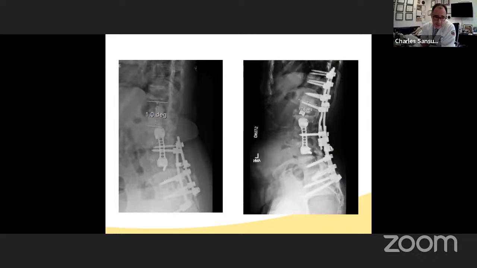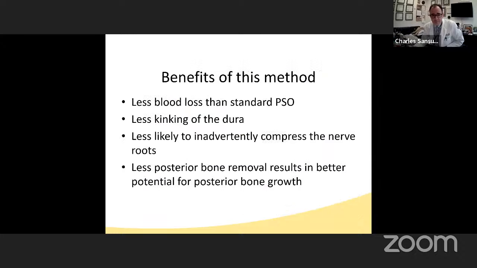So depicted here is 1 degree of lordosis pre-op and 17 degrees of lordosis post-op.